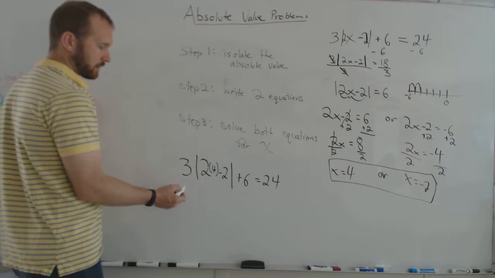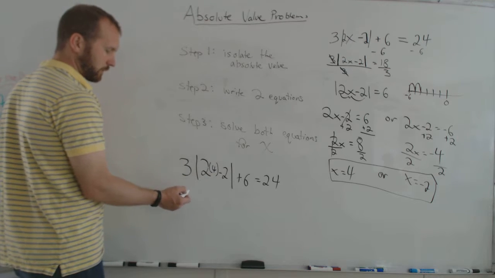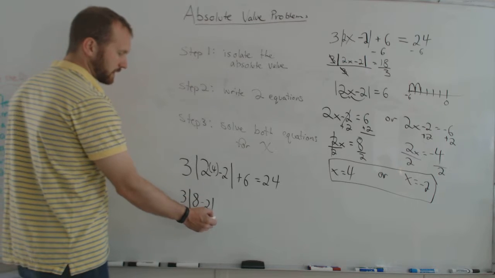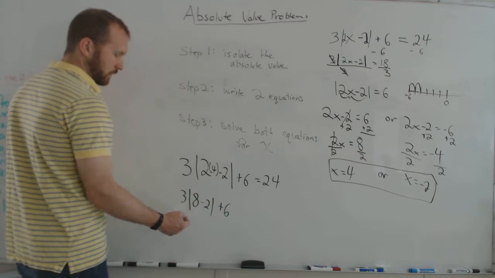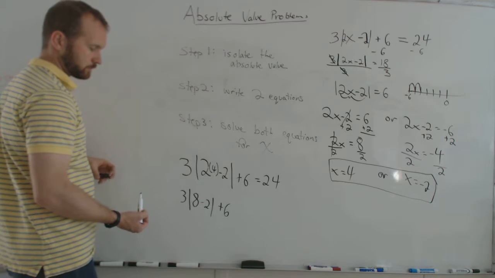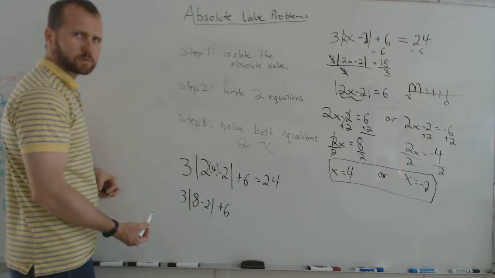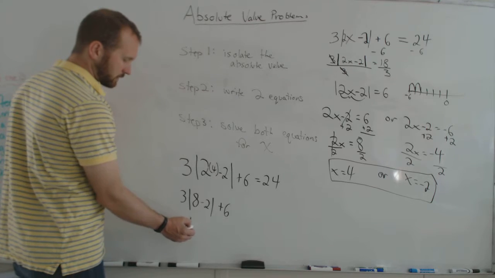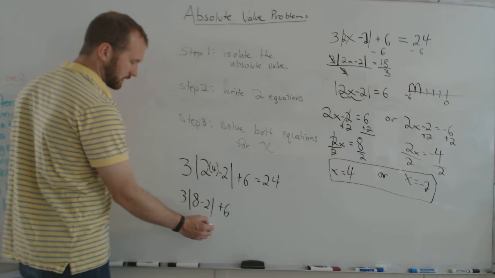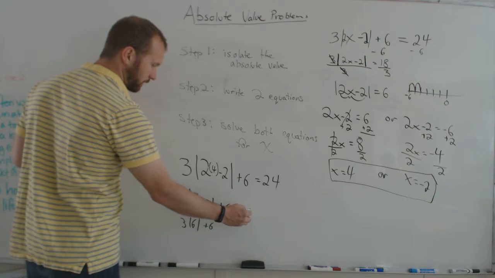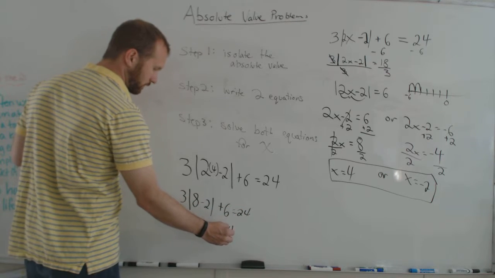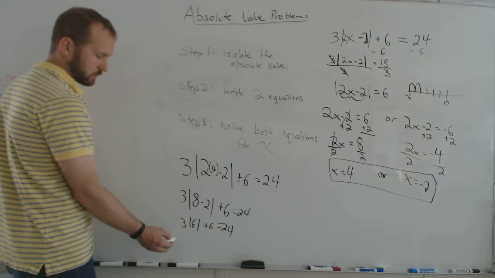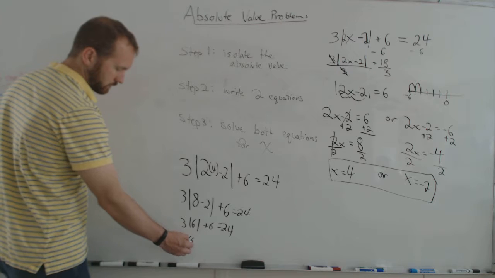Now I'm going to evaluate this. We have 3. What is 2 times 4? 8. 3 times the absolute value of 8 minus 2. What is 8 minus 2? 6. So 3 times the absolute value of 6 plus 6 is supposed to equal 24. What is the absolute value of 6? 6, right?